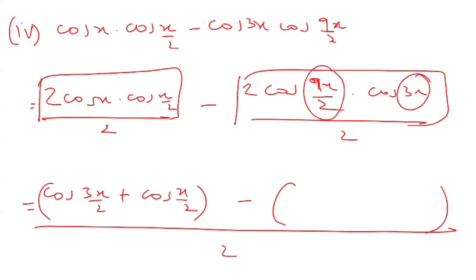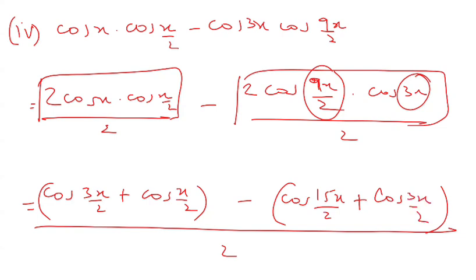9x by 2 minus, sorry, 9x by 2 plus 3x. So this is going to be 15x by 2. Okay. 15x by 2 plus 9x by 2 minus 3x by 2. Okay. So this is going to be cos 3x by 2. 2 cos A cos B formula I have applied.